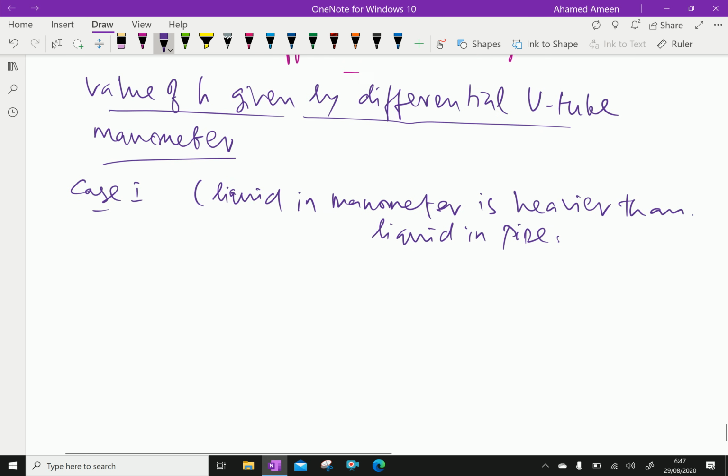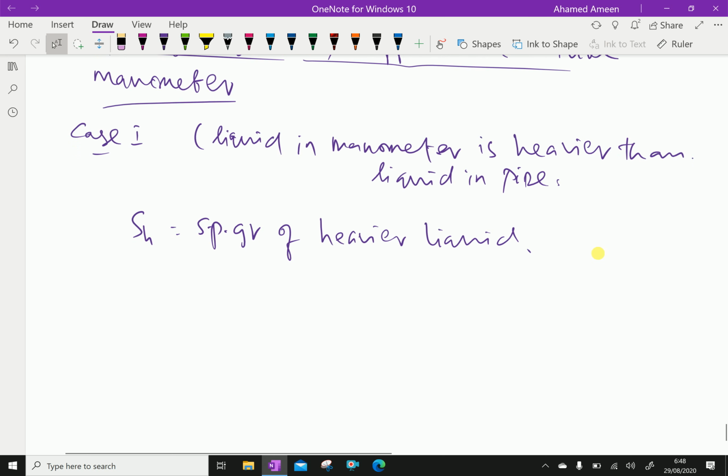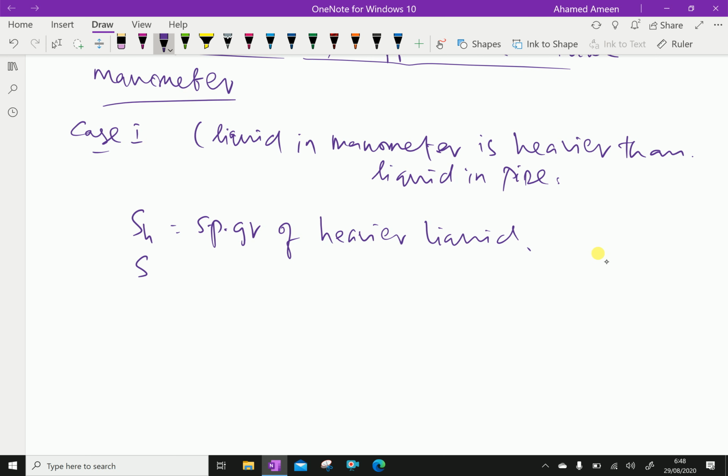In that case, let SH be the specific gravity of the heavier liquid, and SP the specific gravity of the liquid flowing through the pipe.